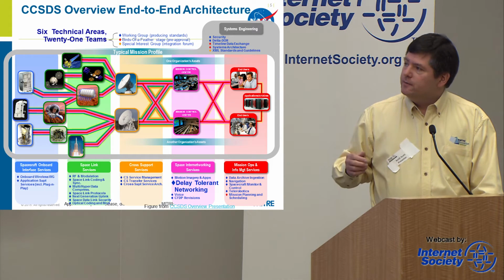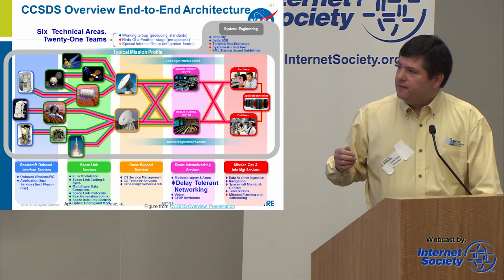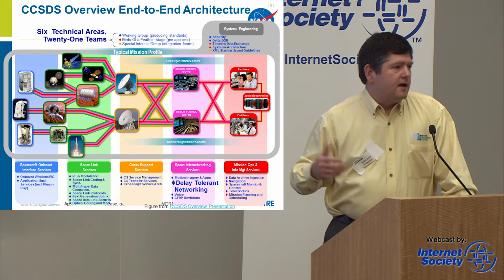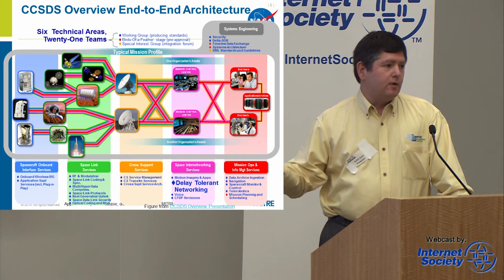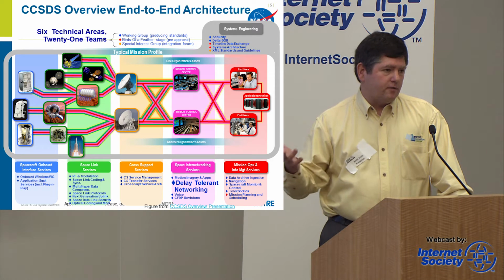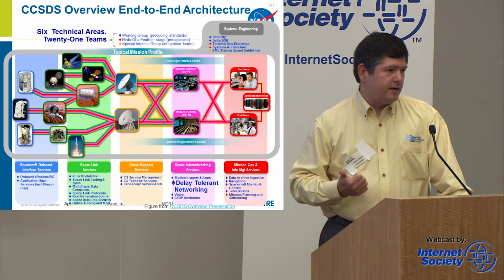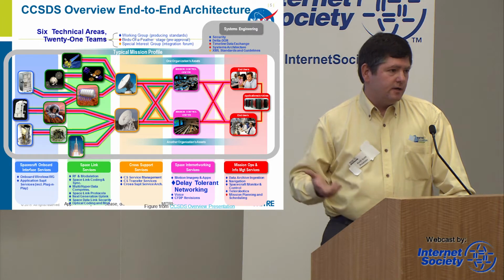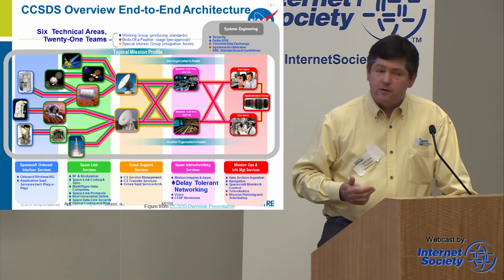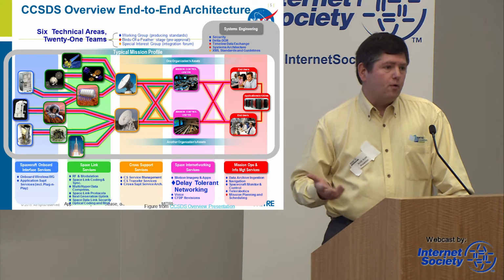The orange thing here in the middle is cross support services. That's looking at notions of how does one agency talk to another agency's ground station and tell that agency, here's where I need you to point, here's the link layer protocols that I need you to use in order to communicate with my spacecraft, either in an emergency or for normal operations, right?